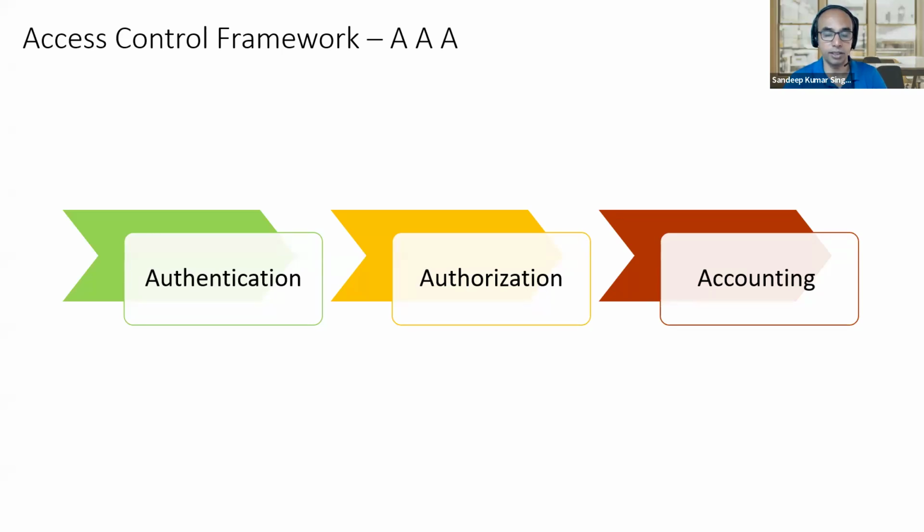That is authorization, the boarding pass that you're carrying, right? And accounting is keeping a log and tracking, like CCTVs or people scanning your boarding pass and monitoring. So that's all about accounting.